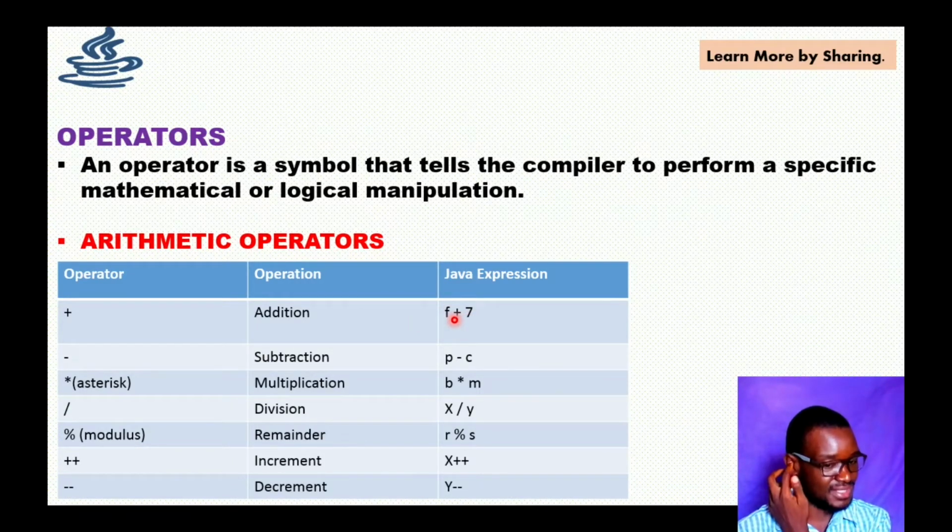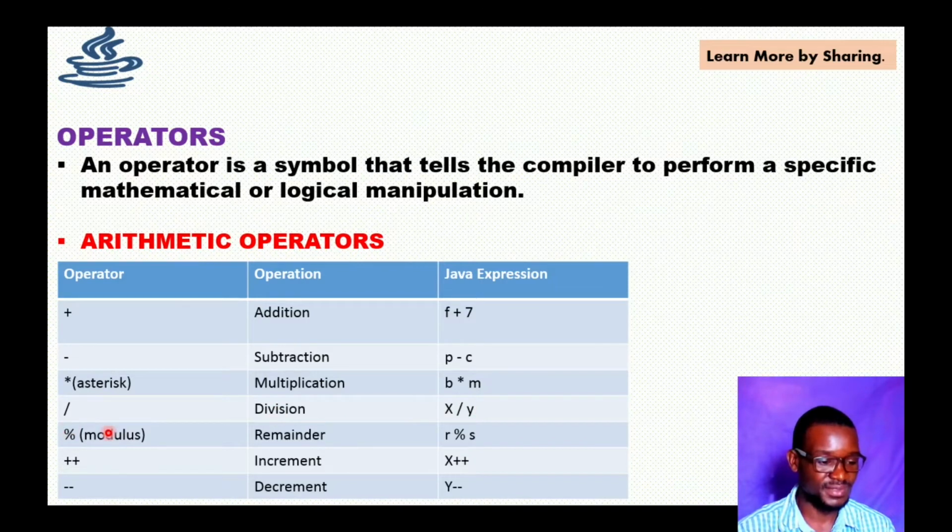We have subtraction, which can be used like this. We have the asterisk, which is the multiplication operator, so an expression can be of this form. We have the division, which is the forward slash, so an expression can be of this type in Java.